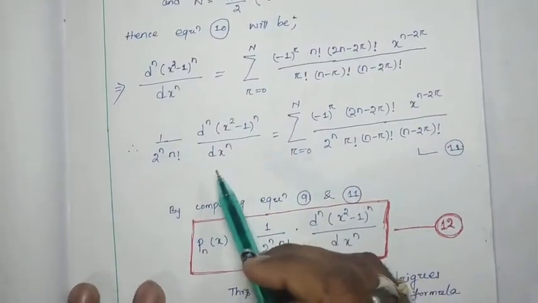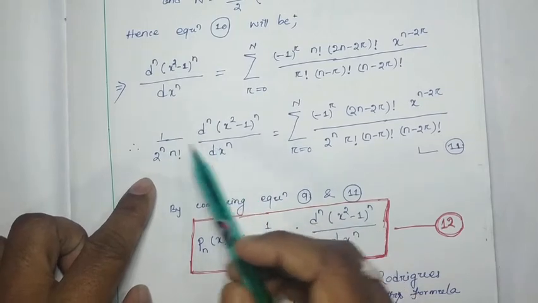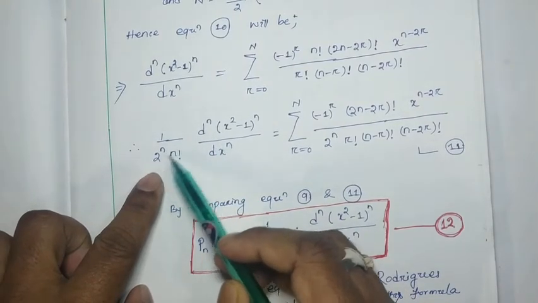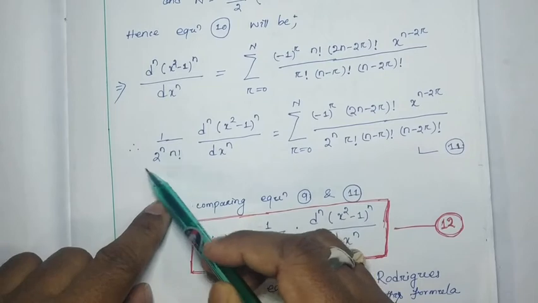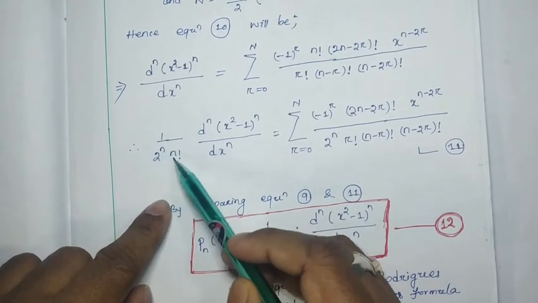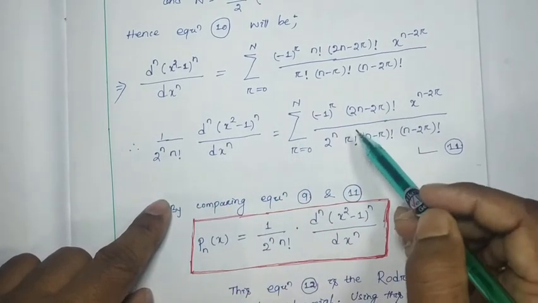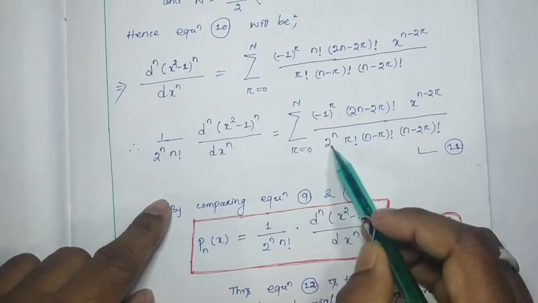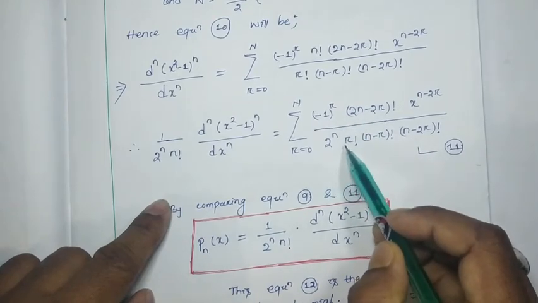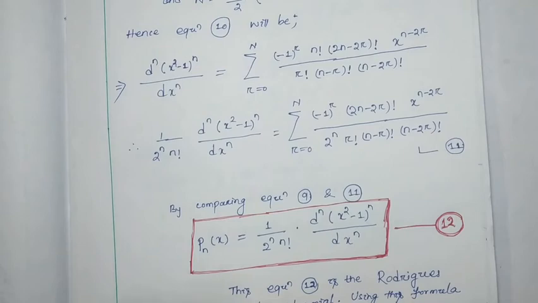So here I again multiplied, or you can see, in the left hand side we multiplied 1 by 2 to the power n into n factorial. In the right hand side also we have to multiply 1 by 2 to the power n into n factorial.